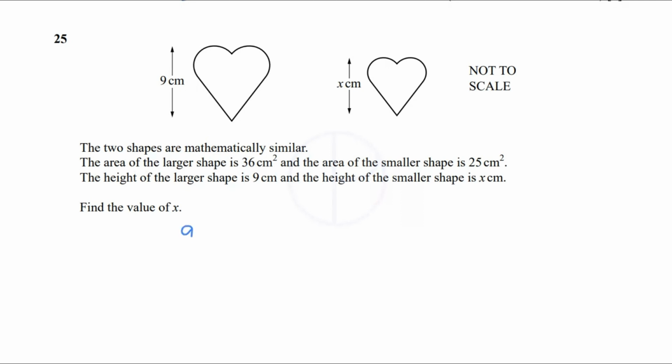The first shape's height is 9, whereas the second shape's height is x, and the corresponding areas are given. For the larger shape, the area is 36, and for the smaller shape, the area is 25. So this will be equal to (36 divided by 25) the whole power 1 over 2.